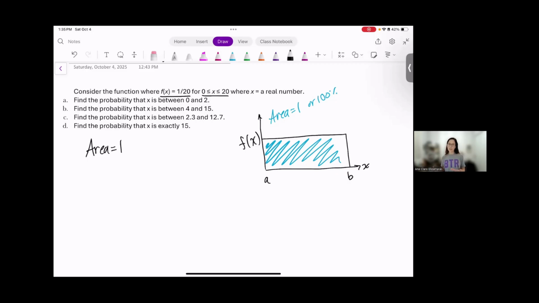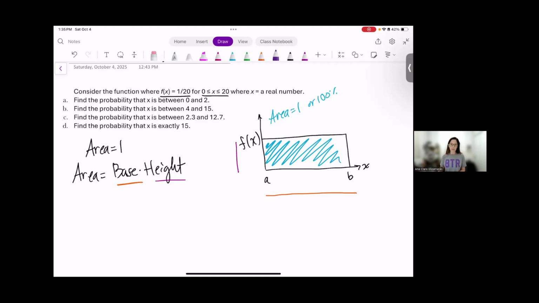Why? This is a rectangle, and the area of a rectangle is equal to base times height. You can call it length times width, but either one, they're interchangeable. What that's saying is this base value times this height value has to be equal to 1 whole.